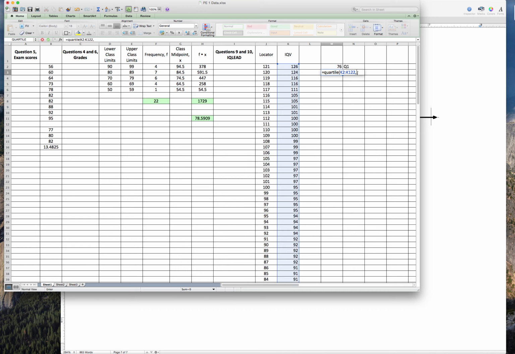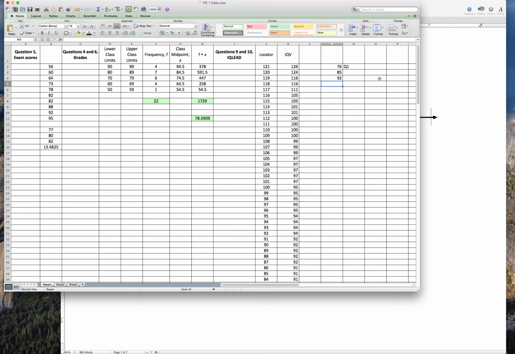It'll say quartile 1, quartile 2, quartile 3. Well, all you need to do is just type the number 2 in this case. In the first case it was 1. Hit parentheses and enter. And I will do the last thing for the third quartile now, equals quartile left parenthesis K2 colon K122 comma, and I want quartile 3, so I just type 3, close my parentheses, hit enter.